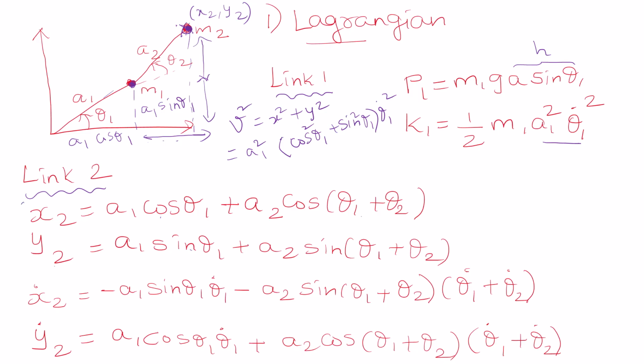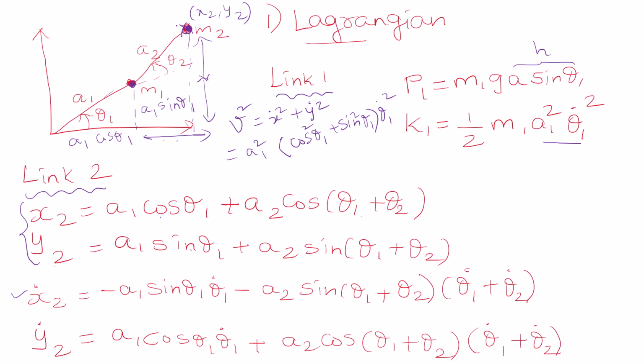Now we have got the position. From that we can get x dot and y dot. Okay, it's not x squared, y squared, it is x dot squared, y dot squared.